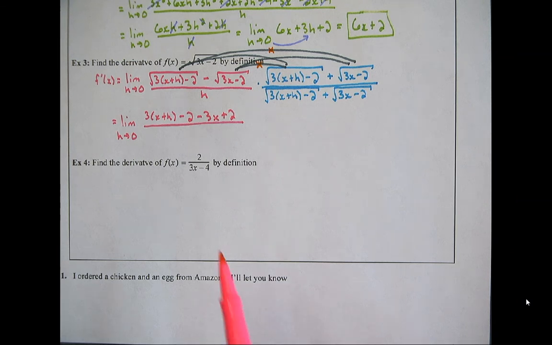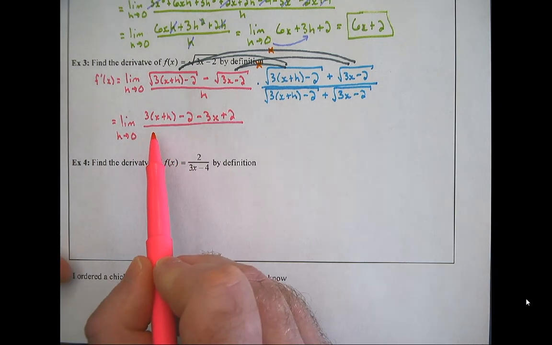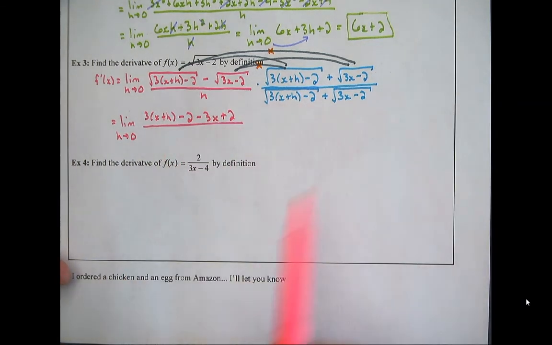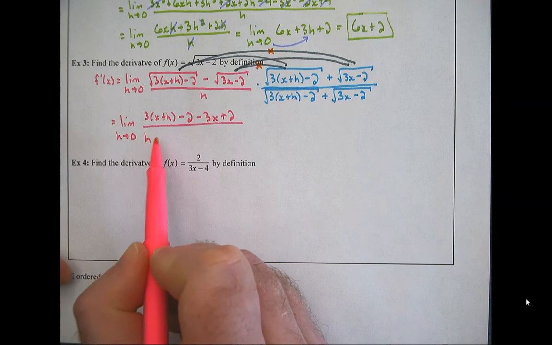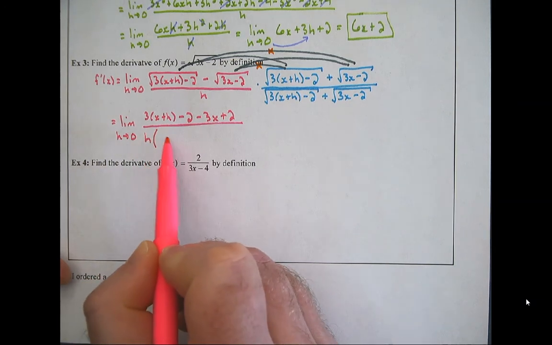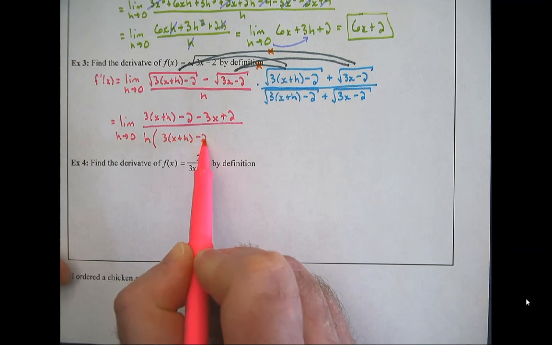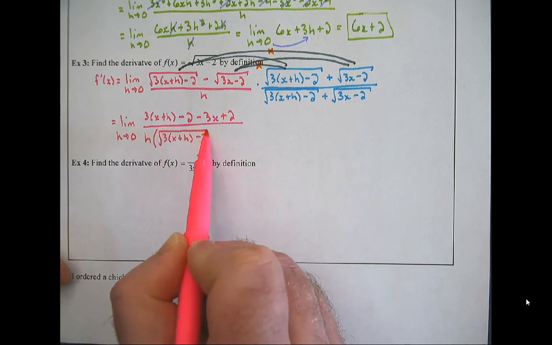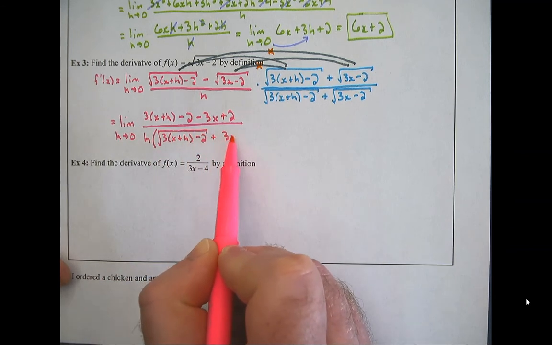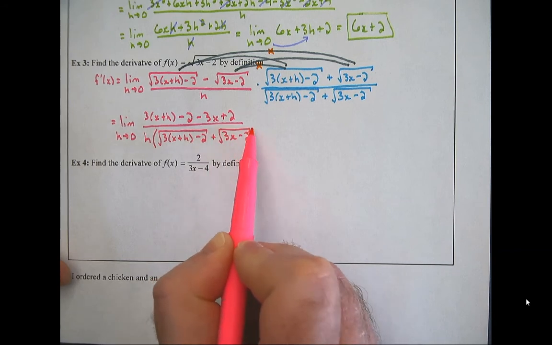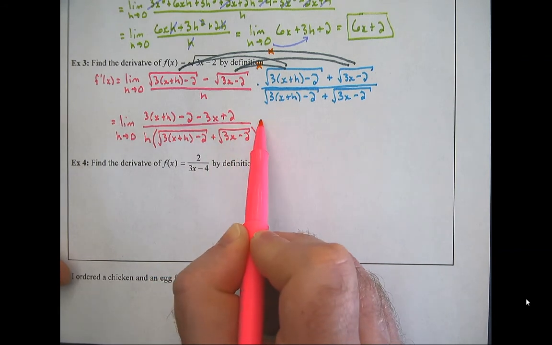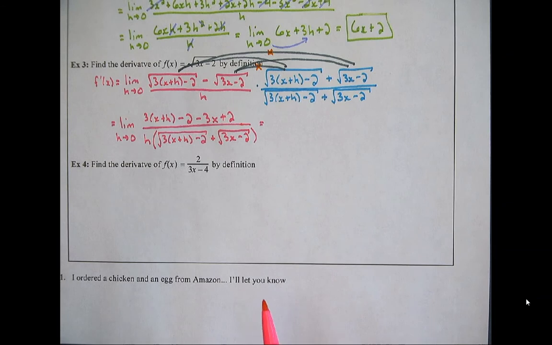Okay, now from here, I'm going to still need to distribute the bottom. So we traded a nice, neat numerator for a disaster of a denominator. But that's okay. That's going to work itself out later. So this is still underneath a root. This is still underneath a root. Okay, let's see now.